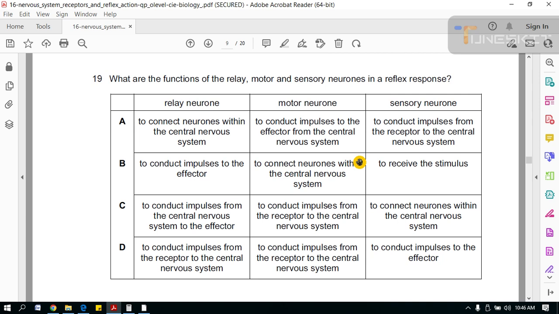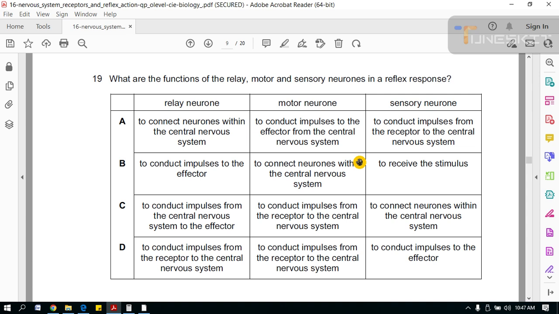So, what are the functions of the relay, motor and sensory neurons in a reflex response? What is the function of the relay neuron? To connect neurons within the central nervous system. What is the function of the motor neuron? To conduct impulses to the effector from the central nervous system. Sensory neuron: to conduct impulses from the receptor to the central nervous system. So, option A is correct.